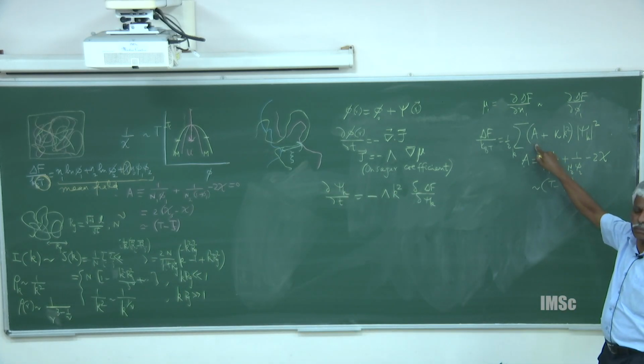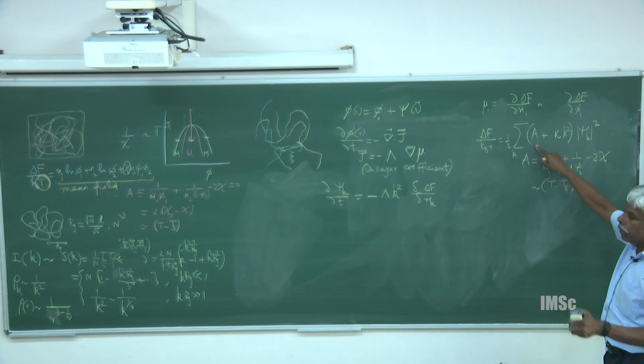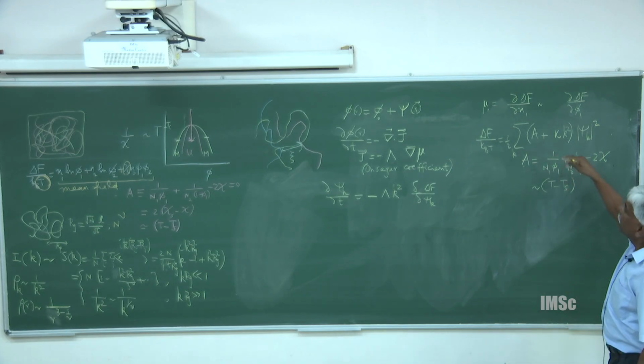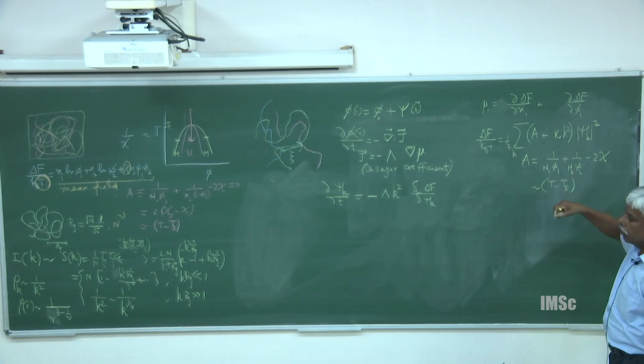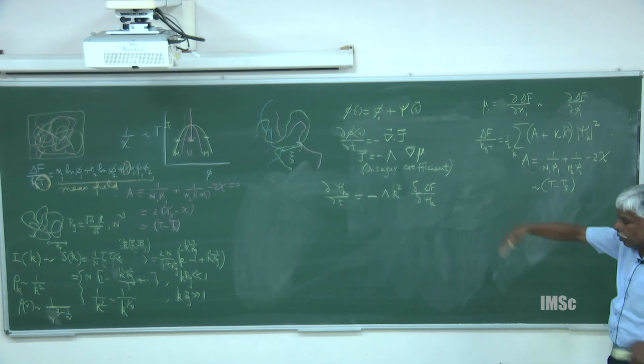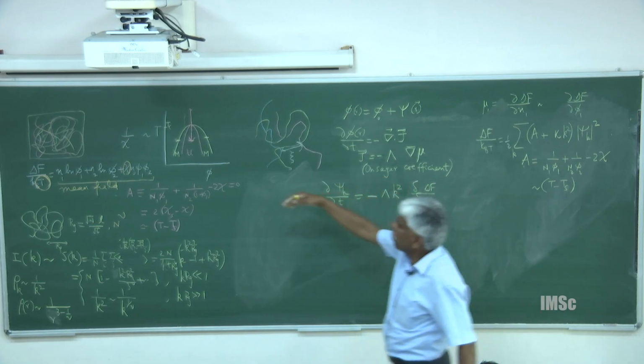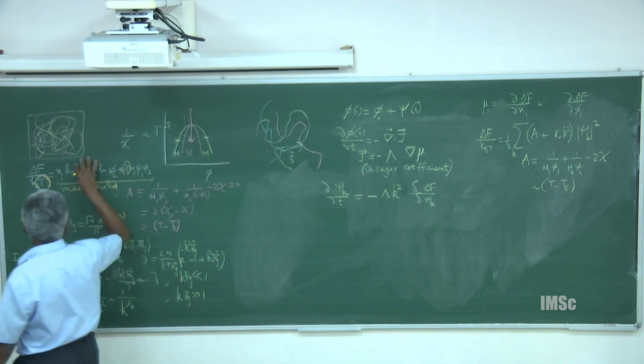It must appear. The reason why it did not appear here is we are taking the k equal to 0 limit, the thermodynamic limit. When k is 0, I am talking about an infinitely large system. Therefore, I can write down this expression. Okay.